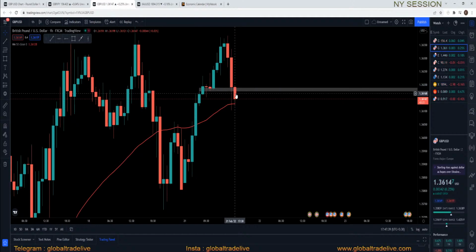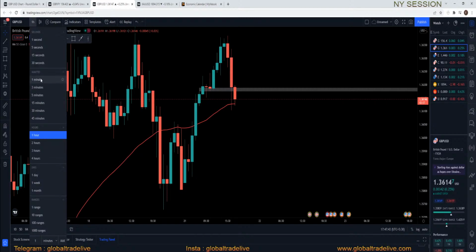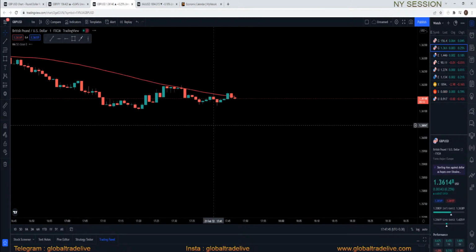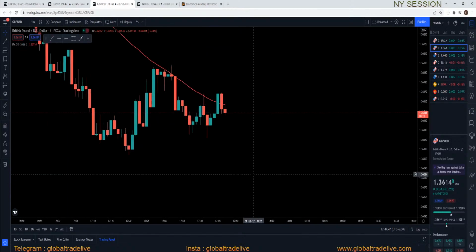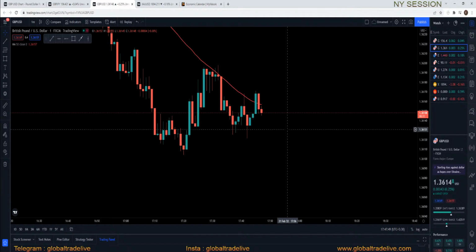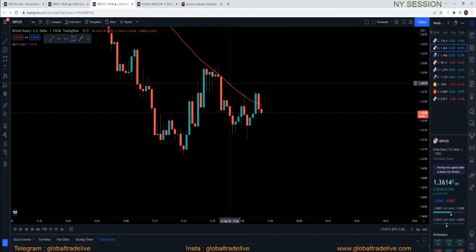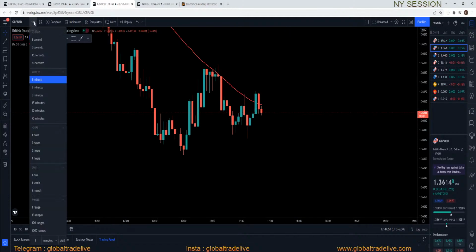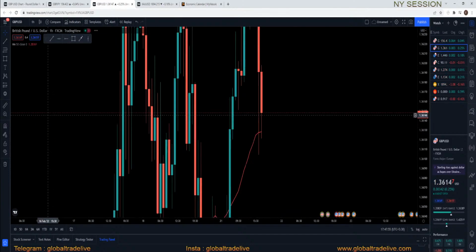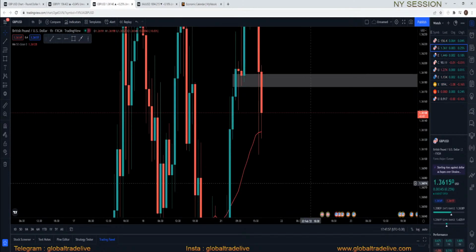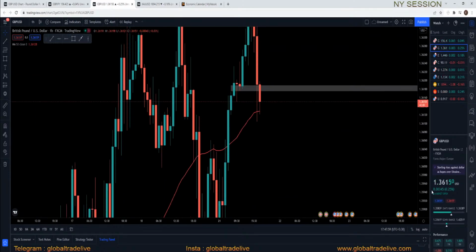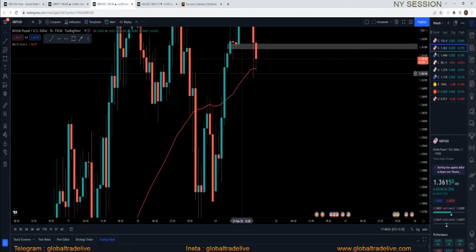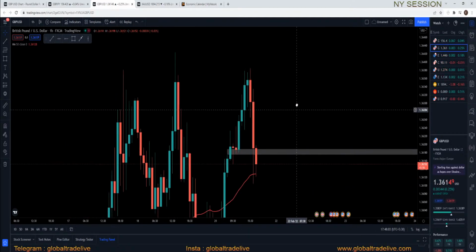And the current 1 hour candle is moving down, filling this wick over here. Might be waiting to go up from here. Otherwise, it's having a clean range to go down, maybe.